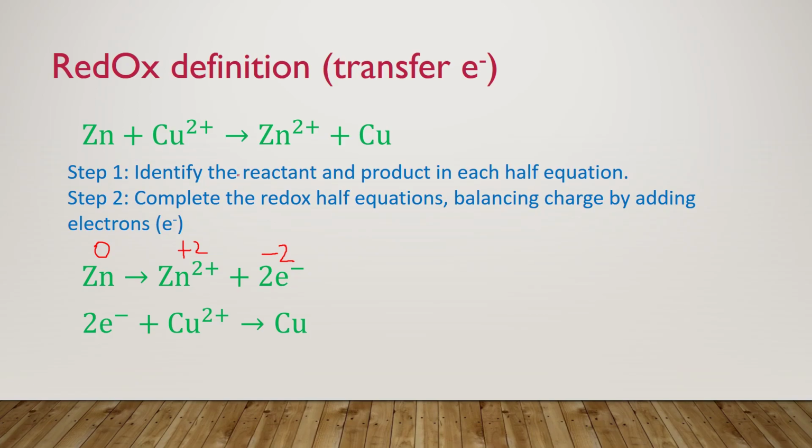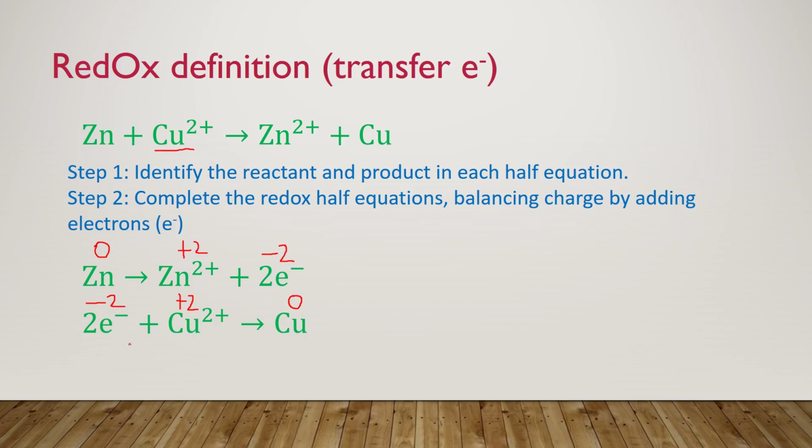And the second half equation comes from our copper ions reacting to form copper metal. So once again we have a +2 charge on our copper ions and a neutral charge on our copper metal. So to balance we need to once again add 2 electrons to our more positive side. We are always adding our electrons to the more positive side of our half equations.